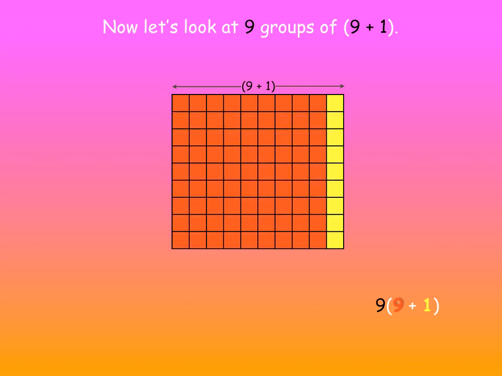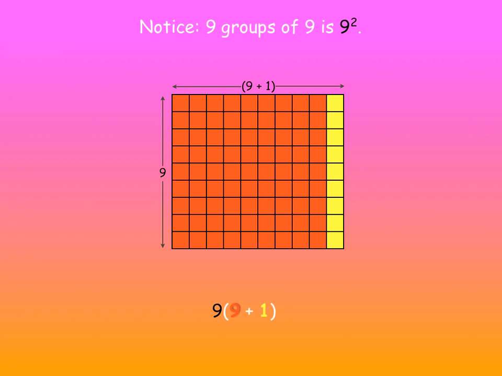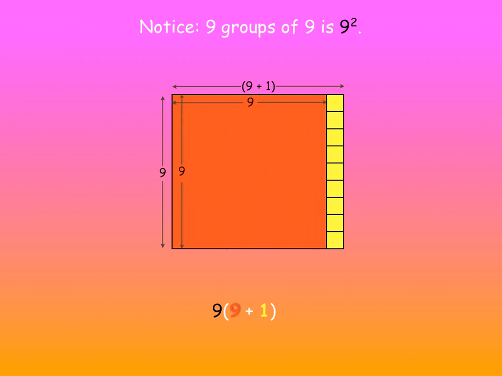Here we go, 9 groups of 9 plus 1. How many red boxes? We multiply 9 times the first number, that's 81. How many yellow? Multiply 9 times the last number, that's 9. And then add them, 81 plus 9 equals 90. Notice 9 groups of 9 is 9 squared.